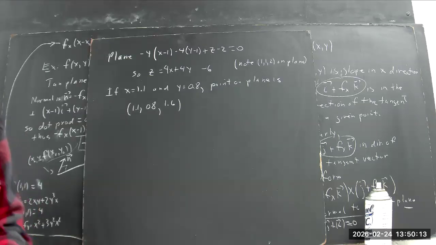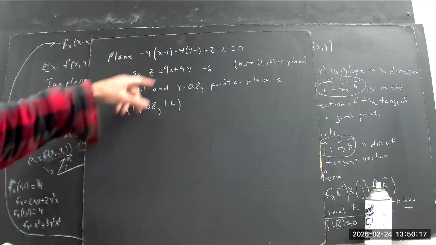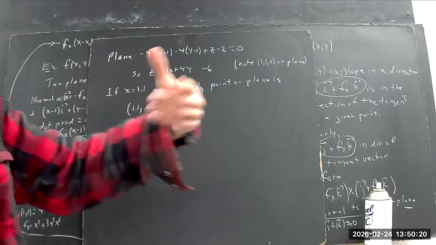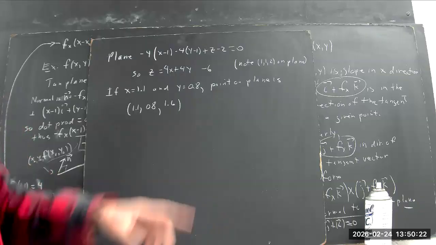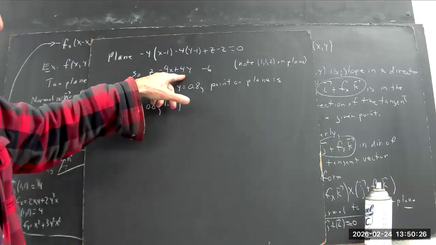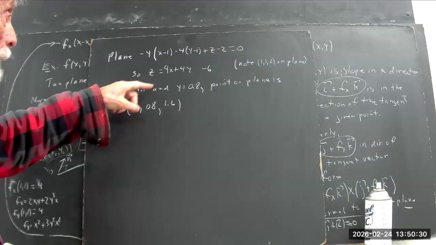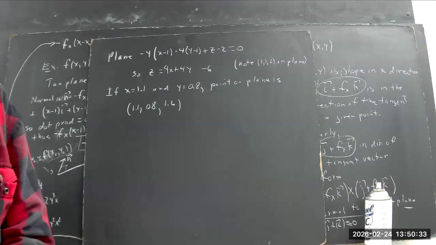I calculated it by saying that this number is going to become 0.4 more. If I do 1.1 instead of 1, I'm going to get 4.4 instead of 4. So this one goes up by 0.4, and this one goes down by 0.8.